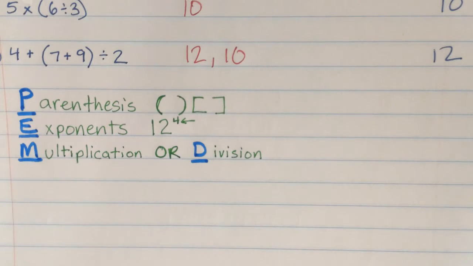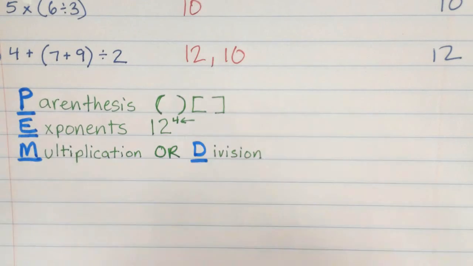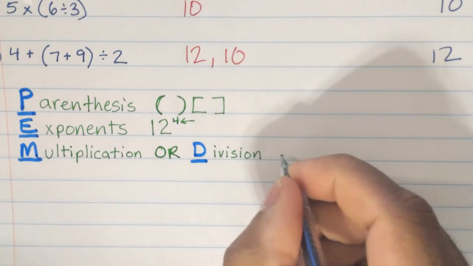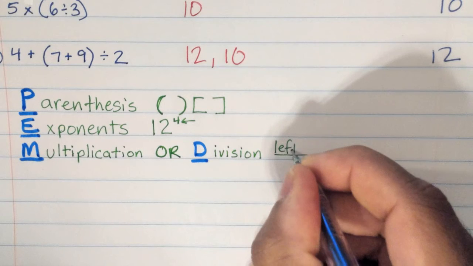Now the reason I say multiplication or division is because we do whatever comes first in the problem. So it's not do multiplication first, then division. No. That's why I use the word or. We multiply or divide, and we follow that from left to right.